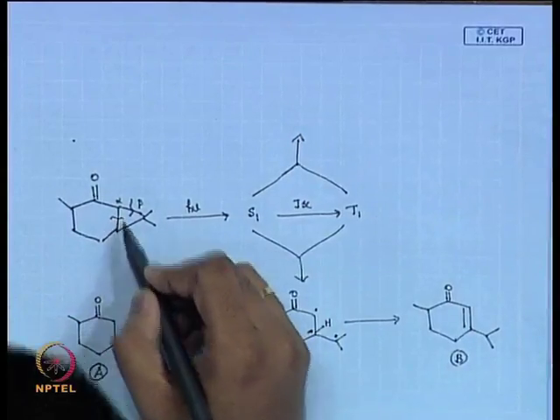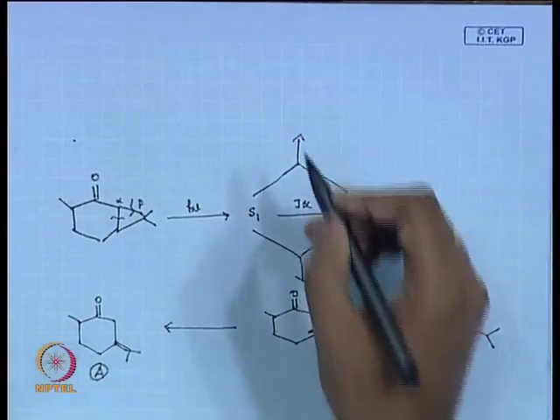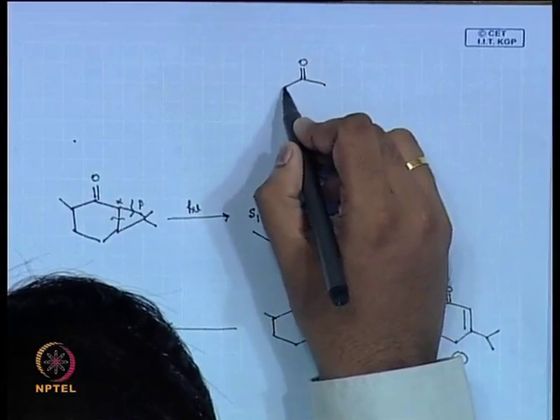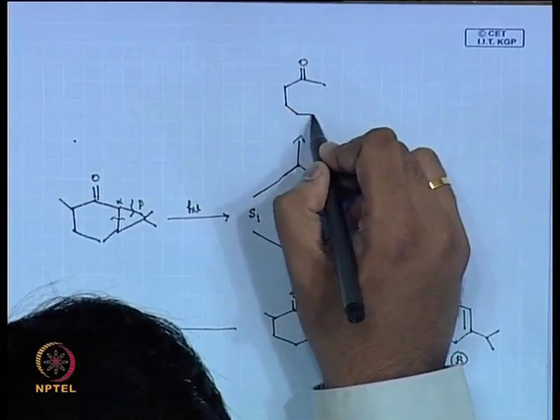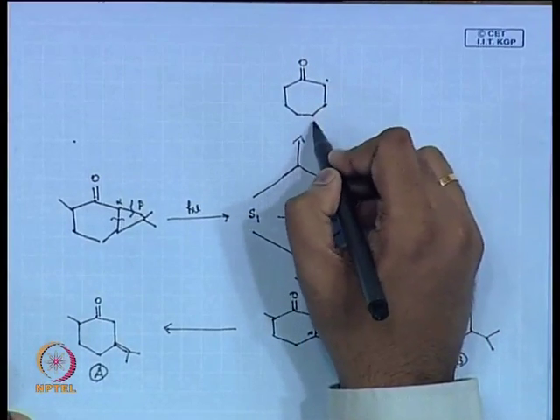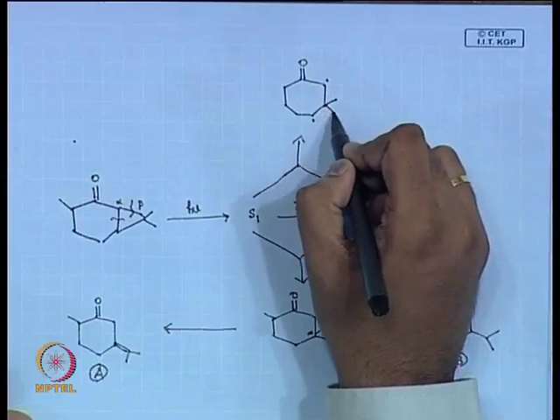If I break this bond, what should I get? I get a radical here, I can get a radical here.